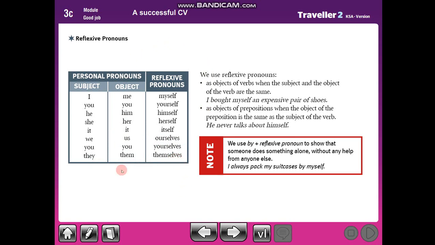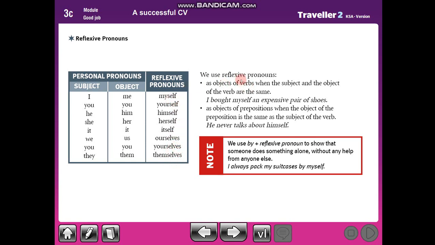So we can use the reflexive pronouns by adding the word self or selves to possessive adjectives: my, your, him, her, it, our, your, them.